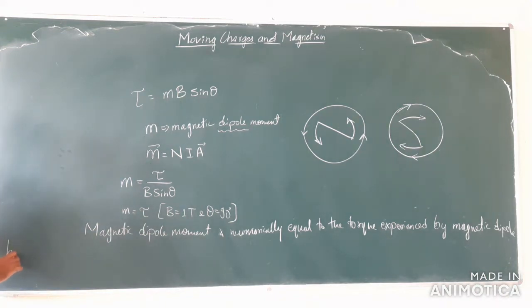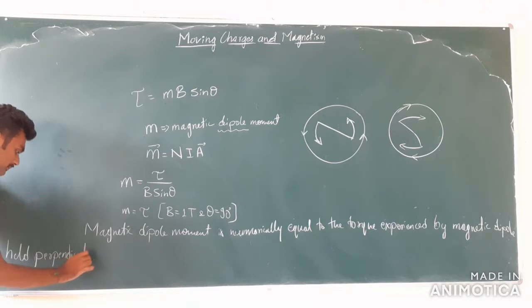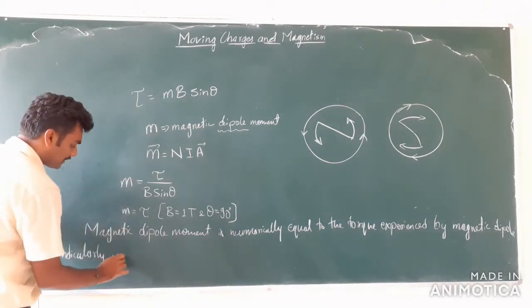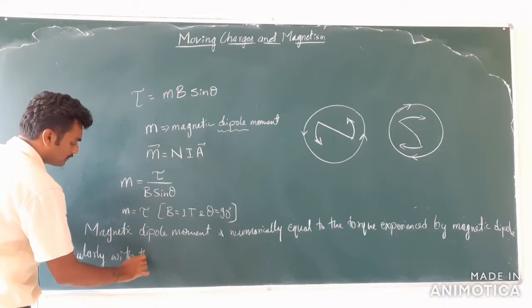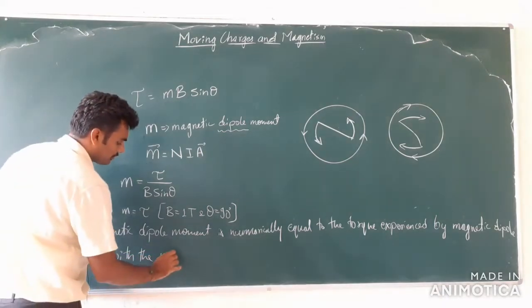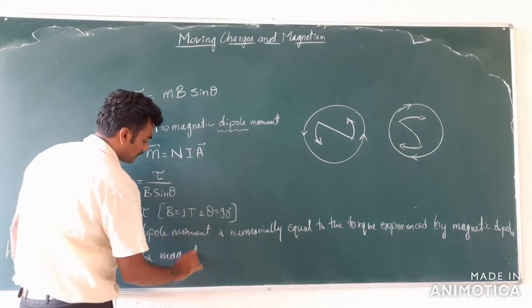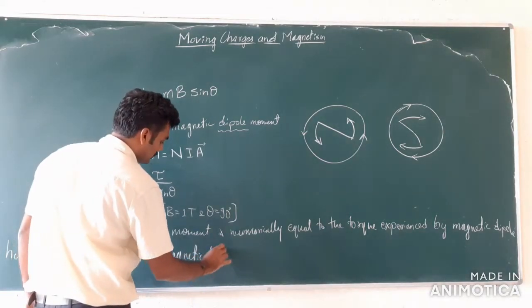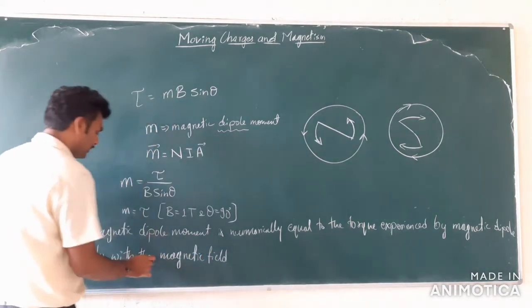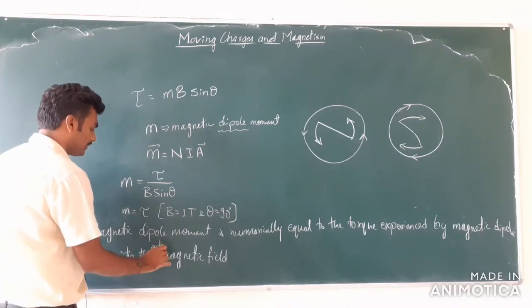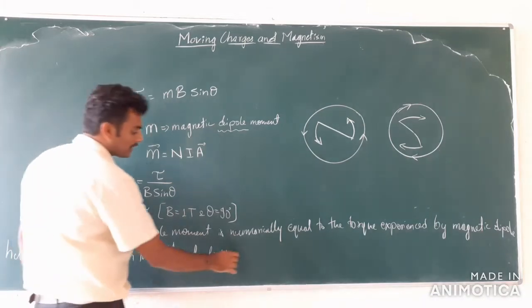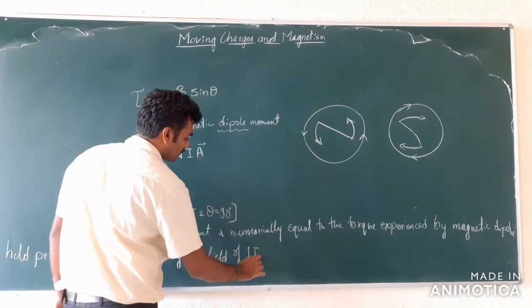The magnetic dipole moment is numerically equal to the torque experienced by a magnetic dipole held perpendicularly with the external magnetic field of 1 Tesla.